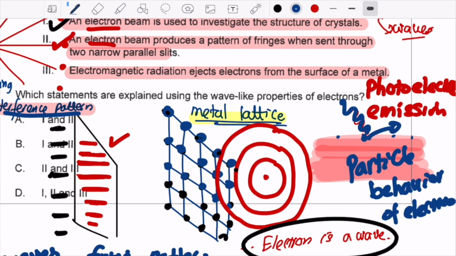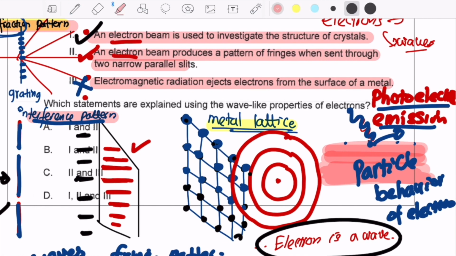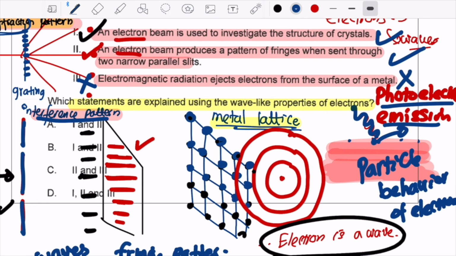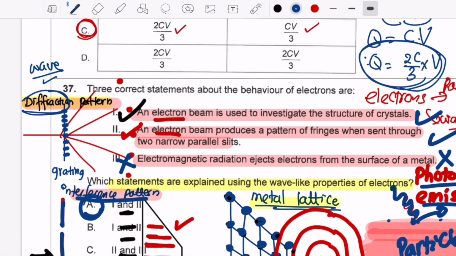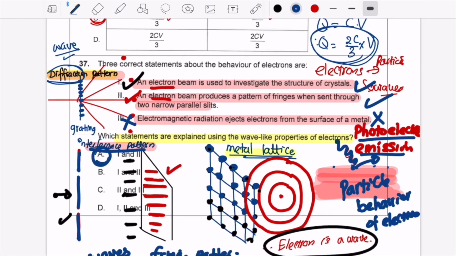Photoelectric emission is about being a particle. So this one cannot be explained by waves. They ask which statements are explained using the wave-like properties of electrons. These two show that electrons can act like waves. This shows electron can act like a particle. So only the first two, 1 and 2. Question number 37, answer has to be A.